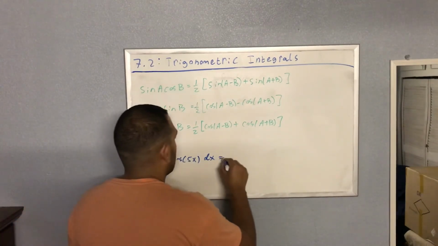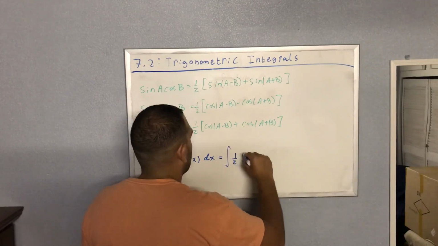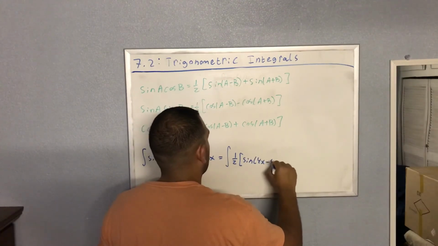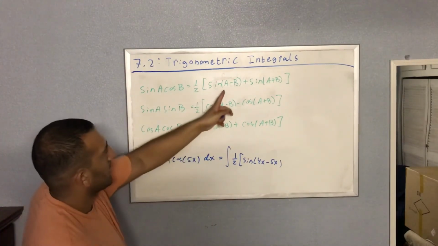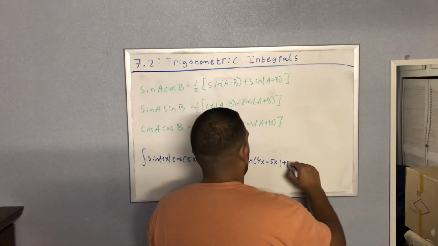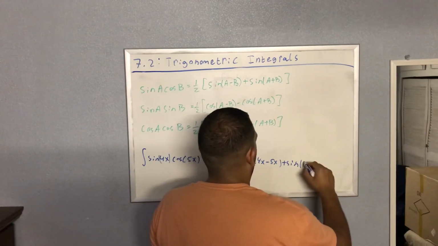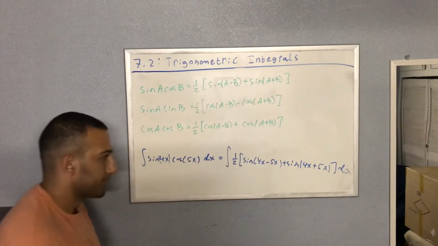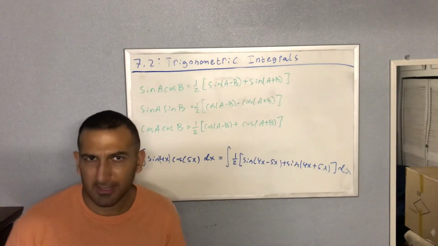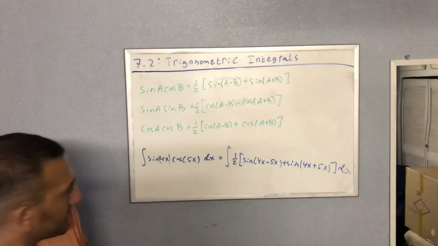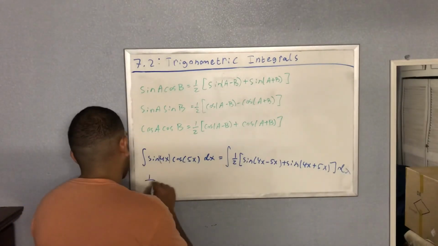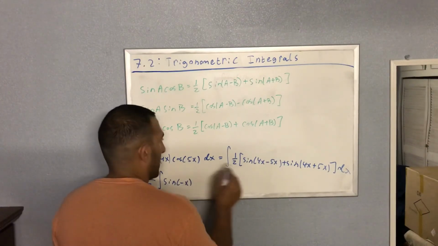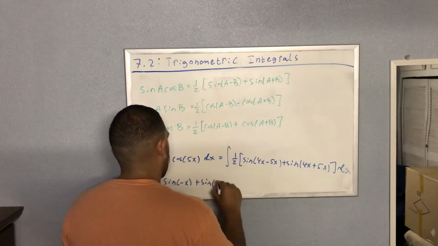So using the formula, this is the same as 1/2 times the sine of 4x minus 5x, so A minus B, plus the sine of 4x plus 5x. Okay, does that make sense? And then the 1/2 will just float out in front as usual. And then this becomes sine of negative x plus sine of 9x.